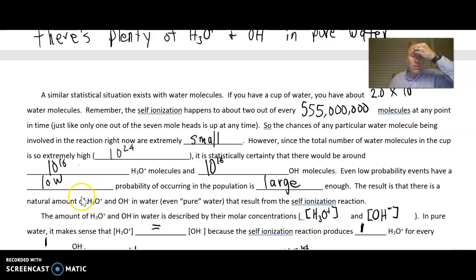The way that we actually describe the amount of these that are in the water is by using their molar concentrations, or as we described in solutions, their molarity. That's why I put these square brackets around the chemical formulas. This means the molarity of the hydronium ion dissolved in the water, and this would mean the molarity of the hydroxide ion dissolved in the water.